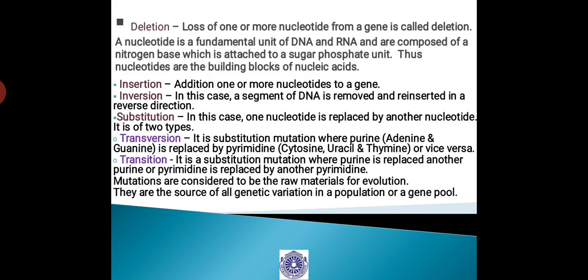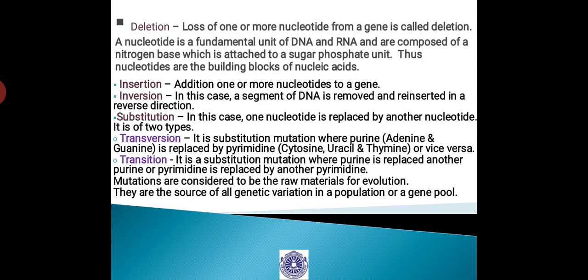Then about inversion. In this case, as the name itself suggests, a segment of DNA is removed and reinserted in a reverse direction. So it is just the inverted sequence of some nucleotides of a DNA molecule. Then about substitution. In this case, one nucleotide is replaced by another nucleotide, and it is of two types, that is transversion.